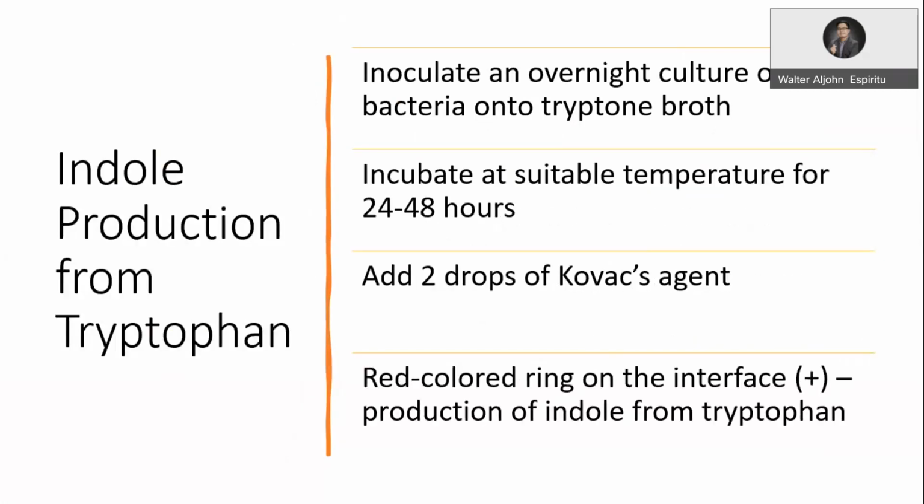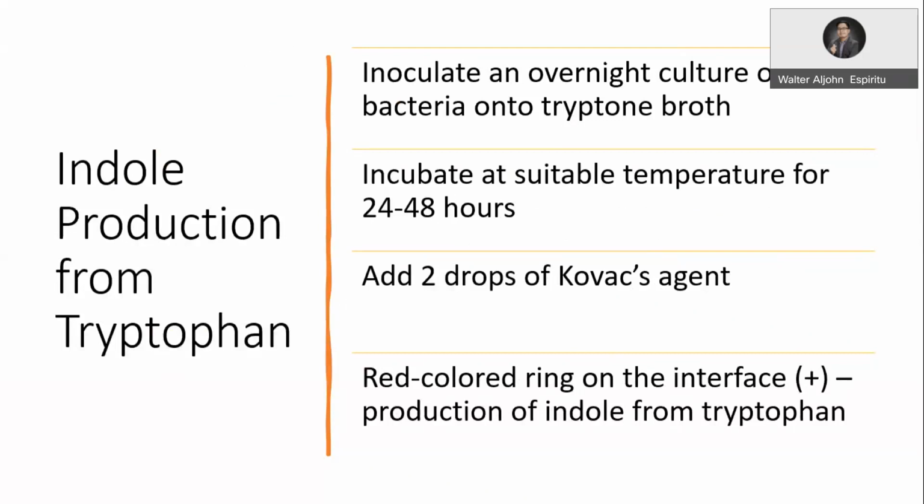So next is the indole production from tryptophan. Inoculate the overnight culture of bacteria into a tryptone broth, which contains tryptophan. After 24 to 48 hours of incubation, we will add Kovac's reagent to assess the presence of the indole ring, which is actually part of the tryptophan.